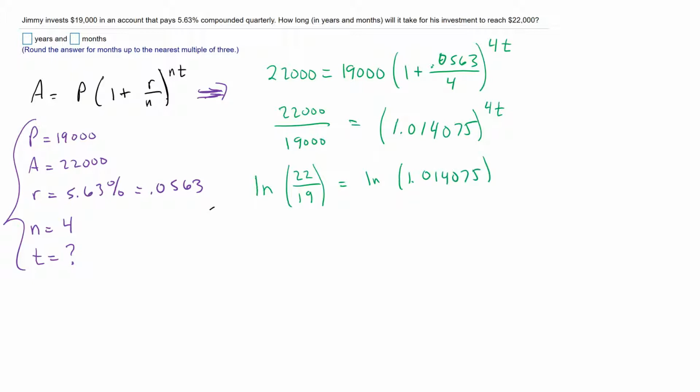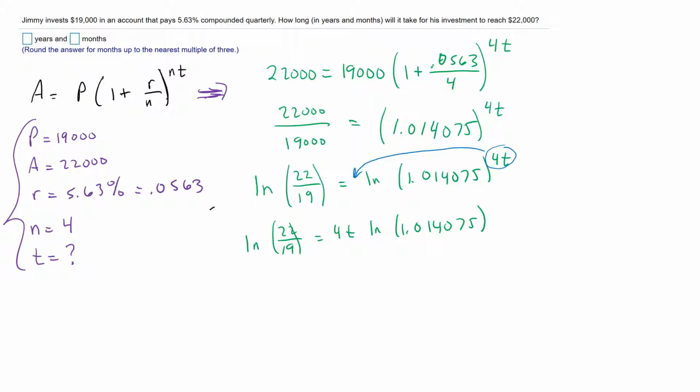The reason we natural log both sides is so that I can take advantage of the power property of logarithms, and I can move this 4t to the front. Doing that gives me natural log of 22/19 equals 4t natural log of 1.014075.